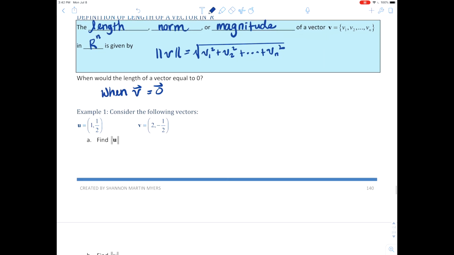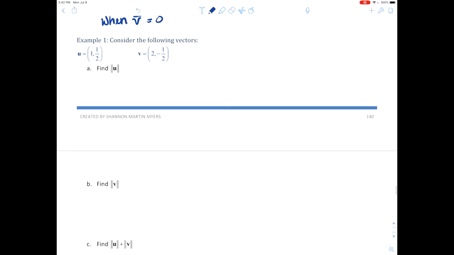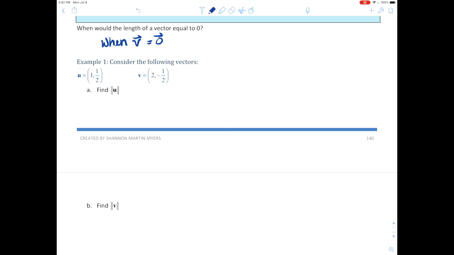So let's look at this first example. We want to find the magnitude of U and the magnitude of V. So here we go. I'll show some more work when we're first starting it, but then I'll show less steps. I don't want you to be bored. The magnitude of U is going to equal, so my V1 would be 1. Well, it would actually be U1.